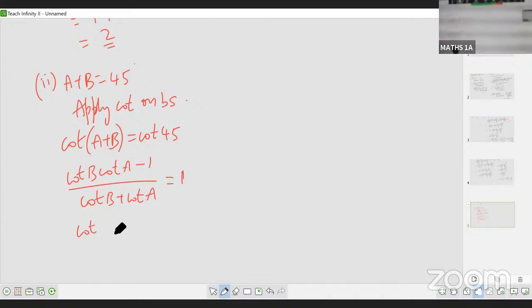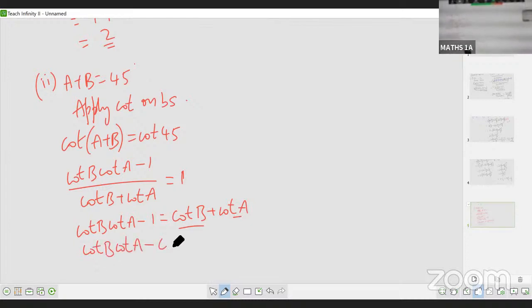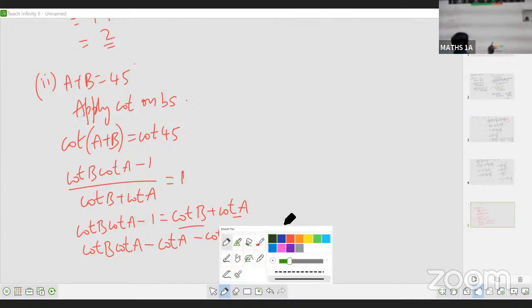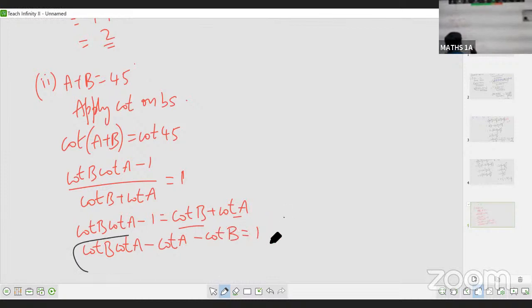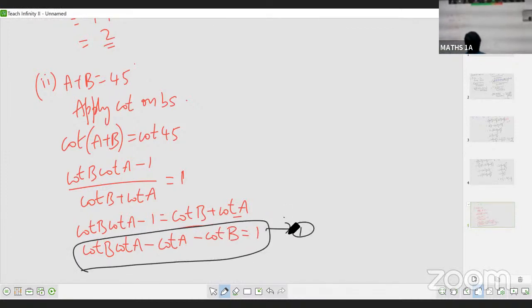Cross multiplied: cot b cot a minus 1 is equal to cot b plus cot a. Bring these two terms inside and plus 1 to that side. So cot b cot a minus cot a minus cot b equal to plus 1. Again this I am going to use as equation 1.